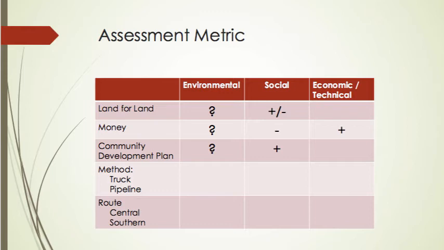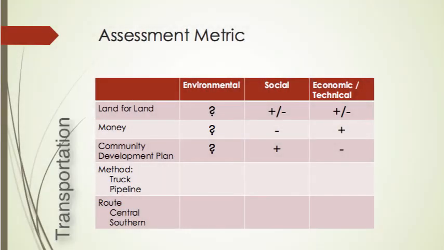Land for land is nixed, and community development is a negative. So I've placed a negative sign in the community development plan economically, and I've nixed the land for land relocation option. So here we're starting to see some pretty clear trade-offs between these options.